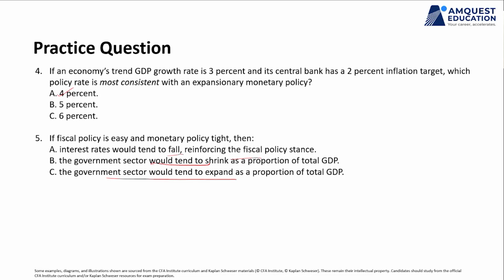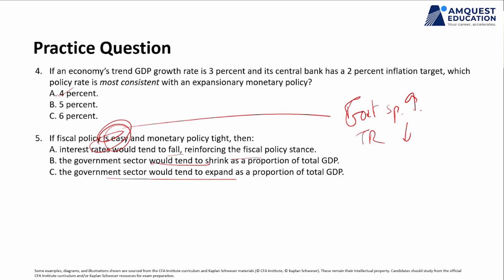The government sector would expand as a proportion of GDP. Very good answer. When fiscal policy is easy, government spending increases, right? And tax revenue decreases. So the government sector would expand because the government's spending is much higher, right? As a proportion of GDP, it is contributing more. Clear? So this is the motive.